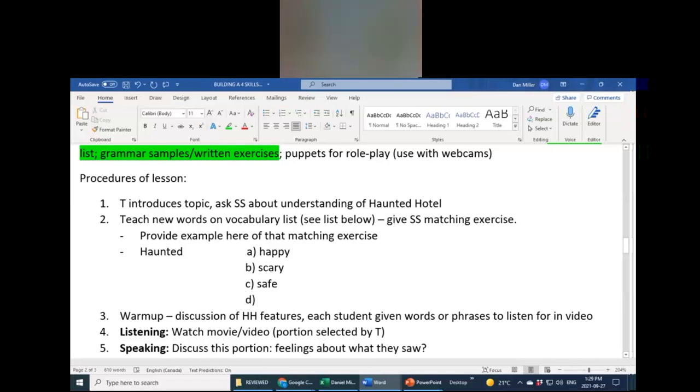What's another word we could have on the matching side here? So they're matching haunted with one of these other words. What's another word we could use here? I think depending on the levels, we can use synonyms. For example, we can say haunt means, for example, taken.